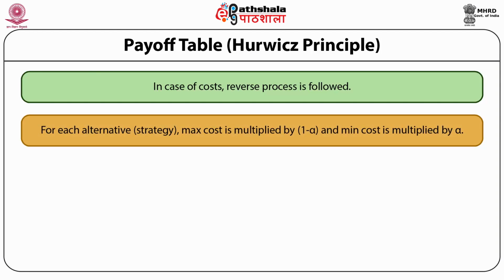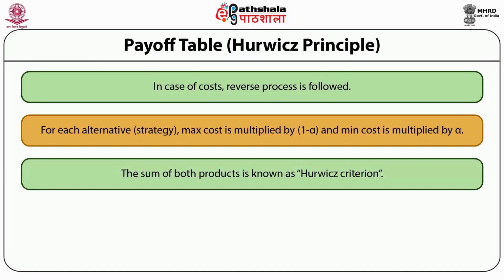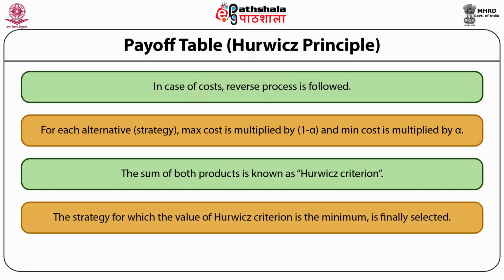For every alternative, maximum cost is multiplied by 1 minus alpha and minimum cost is multiplied by alpha. So here the process is just opposite. You can note it down. And finally, the sum of both products is known as the Hurwicz criterion, and the strategy for which the value of Hurwicz criterion is the minimum is finally selected.